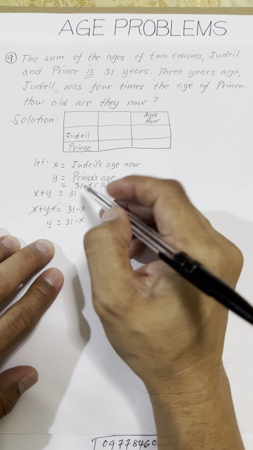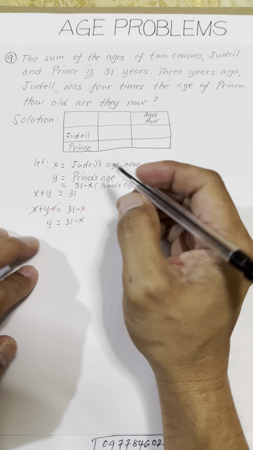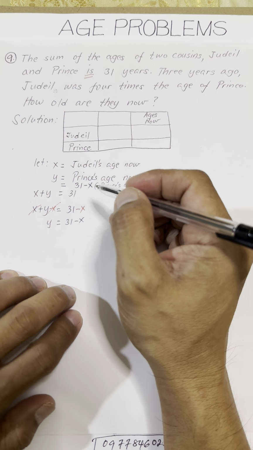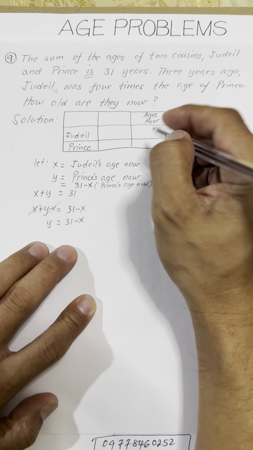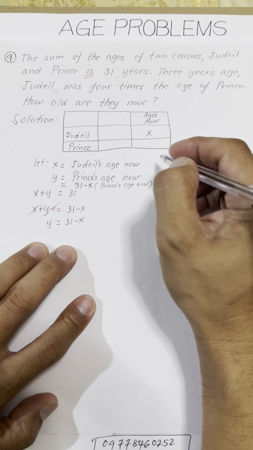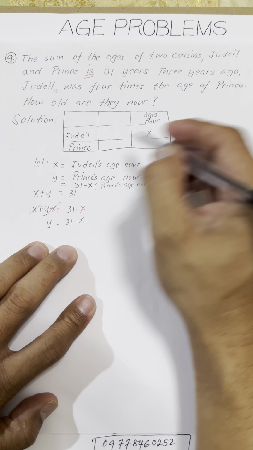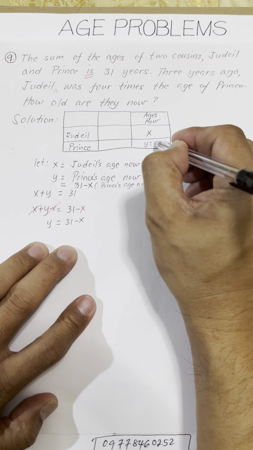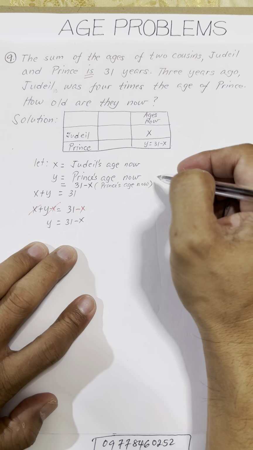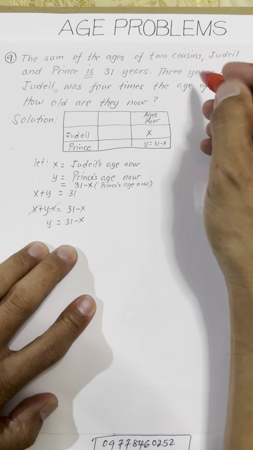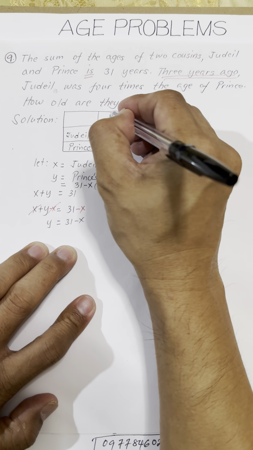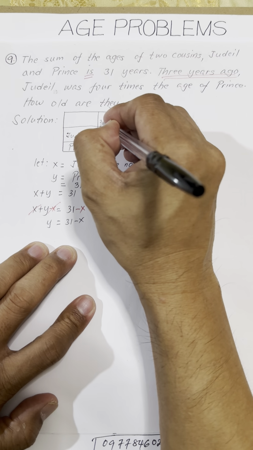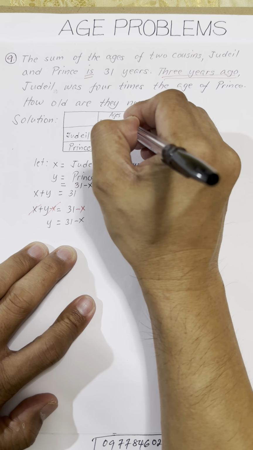So in this case, if we use X, then we can solve this problem using a single variable by using this equivalent. So if now Judel is X years old and Prince is Y years old, which is equal to 31 minus X, then 3 years ago, so past, if Judel now is X, it means that 3 years ago, so let's write here ages, 3 years ago.